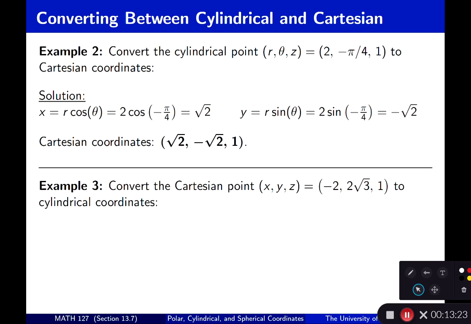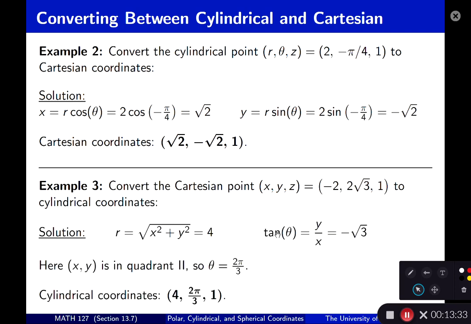To find r, negative 2 squared plus 2 square root of 3 squared is going to be r squared. And tangent of theta is 2 square root of 3 over negative 2, which is negative square root of 3. So r is 4, and tangent of theta is equal to negative square root of 3.